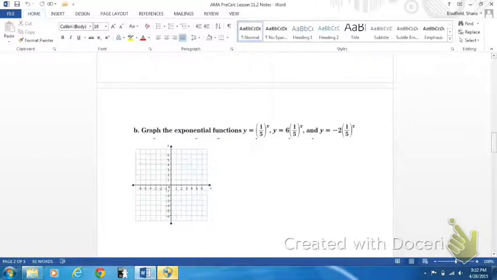All right, for part B, similar kind of problem. The graphs are going to look a little bit different though, because we've got 1/5 instead of a whole number to the x power. So for the first one, we have y equals 1/5 to the x power, and that's going to look something like this.